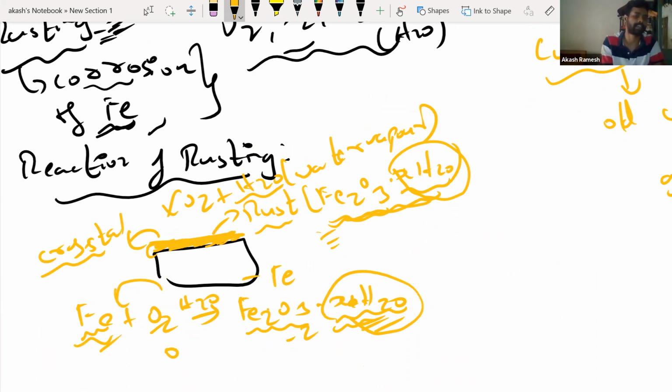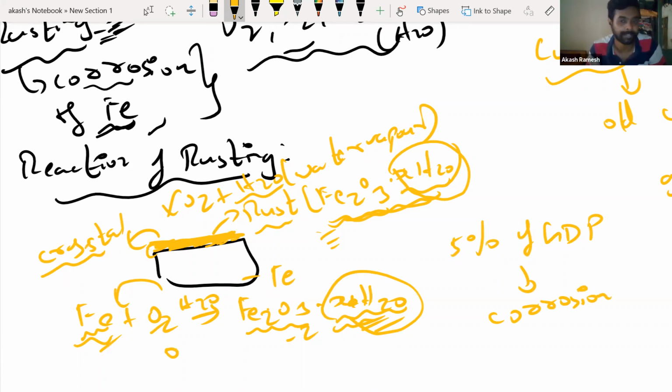Our country, India, loses almost 5% of GDP due to corrosion and rusting. GDP is gross domestic product. We are losing a lot of money. The entire country suffers because of corrosion.